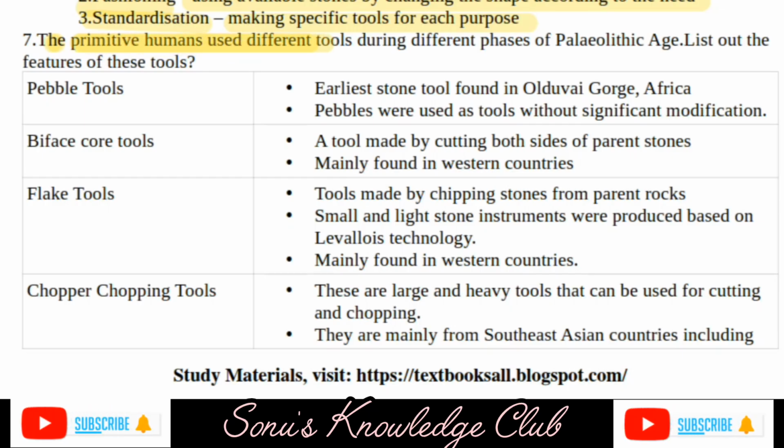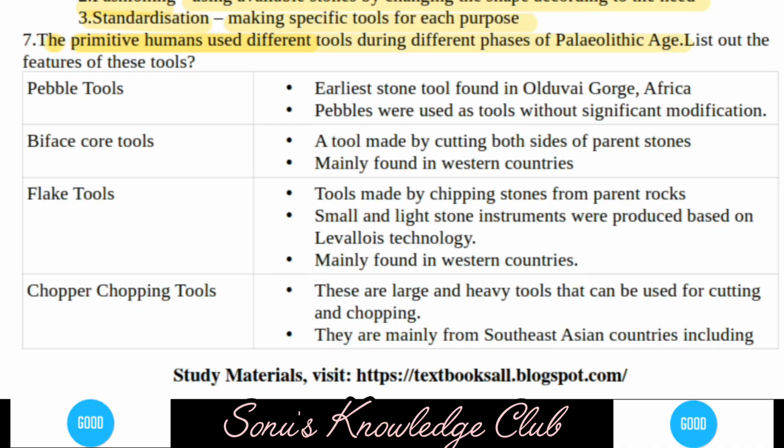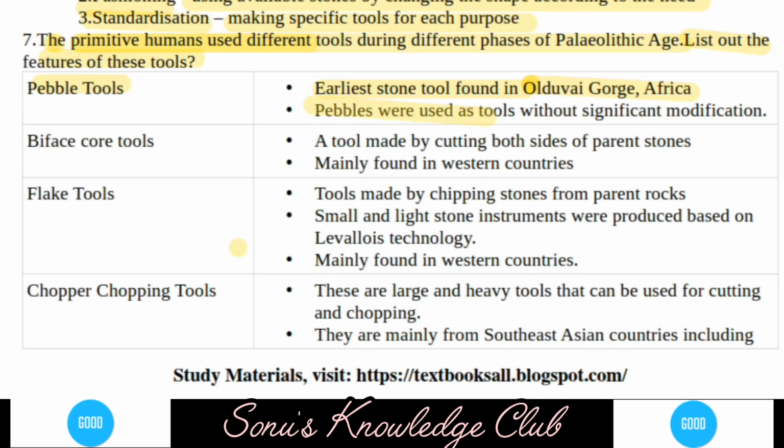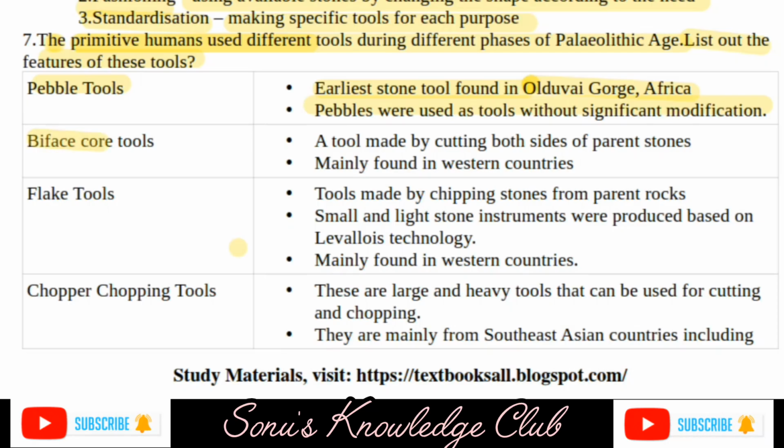The primitive humans used different tools during different phases of the Paleolithic Age. List out features of these tools. Pebble tools: the earliest stone tool, found in Olduvai Gorge, Africa. Pebbles were used as tools without significant modification.